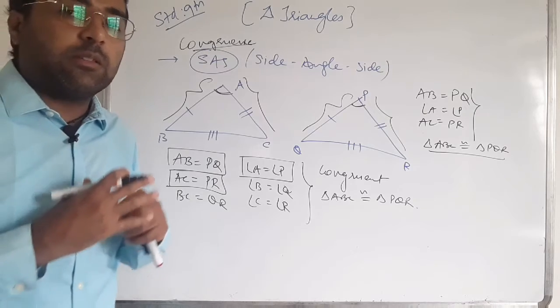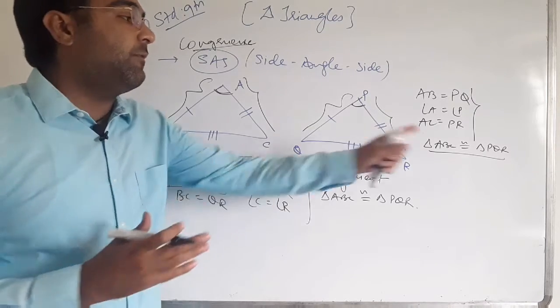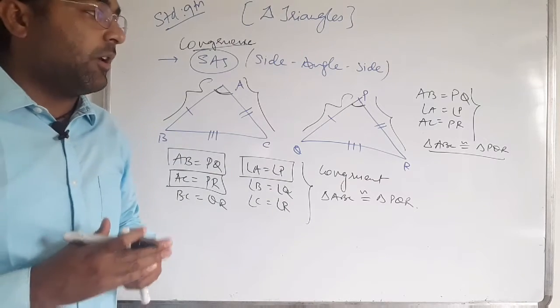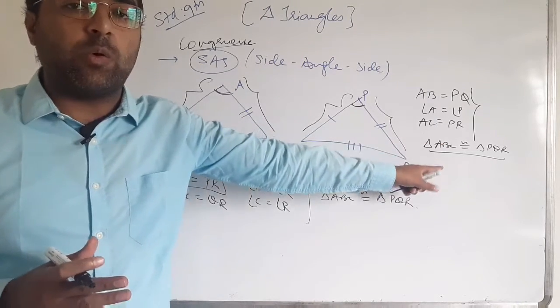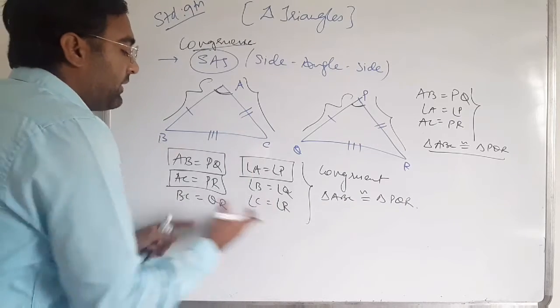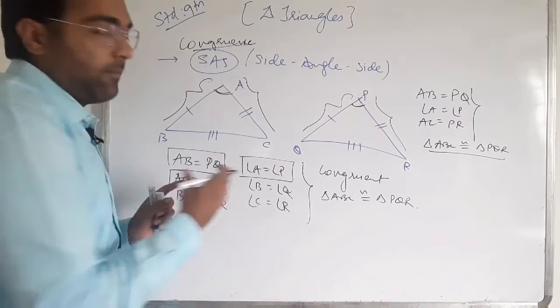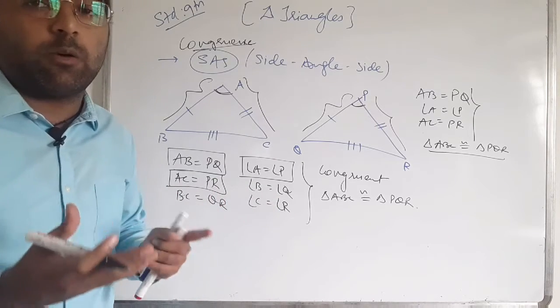They are always equal if we prove that both triangles are congruent. If we prove that both triangles are congruent, that means all of the sides and all of the angles are congruent. Congruent means equal.